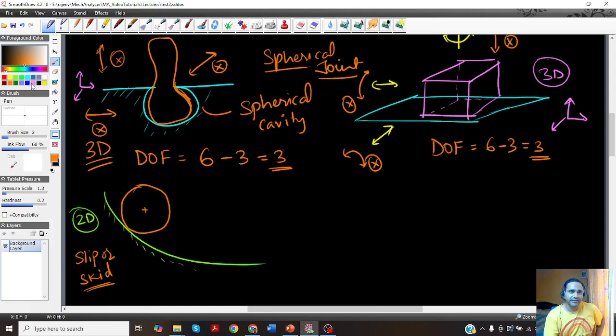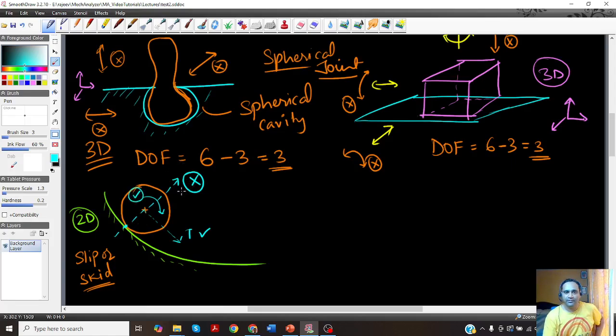So what you can think of is, if I try to move this circular disc in the normal direction, normal meaning where the contact is happening, it will lose contact. So that means this translation is not allowed. However, I can translate in this direction, and I can also rotate about that direction.